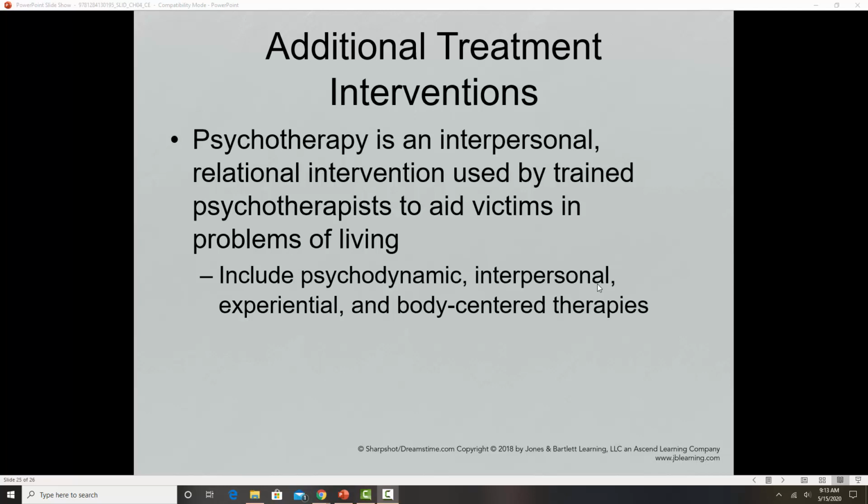And there are a lot of different approaches. It could be the psychodynamic approach, body-centered therapy, interpersonal experiential therapies, humanistic therapies. There are a lot of different approaches, but the goal is to identify the problems and allow the victim to talk about the problems.